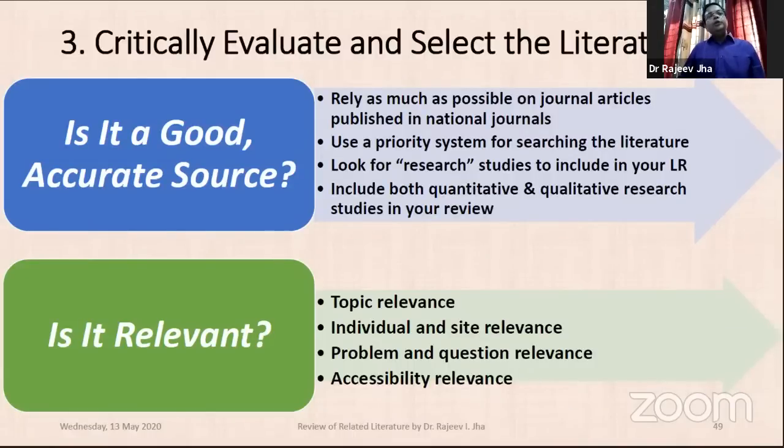But in the review, include all types of research studies related to your topic or your area. Second aspect: is it relevant? So consider topic relevance, individual as well as site relevance, problem and question relevance, accessibility relevance, and so on and so forth. Next slide.